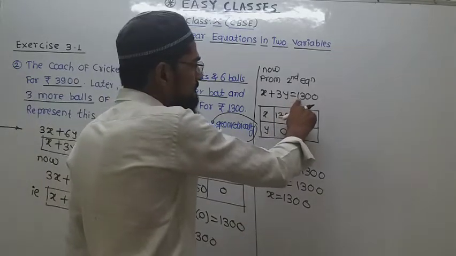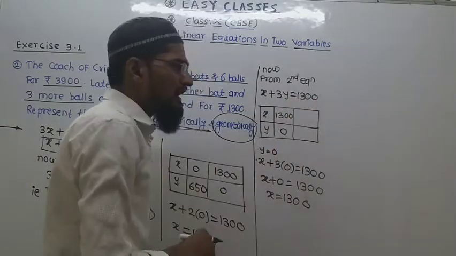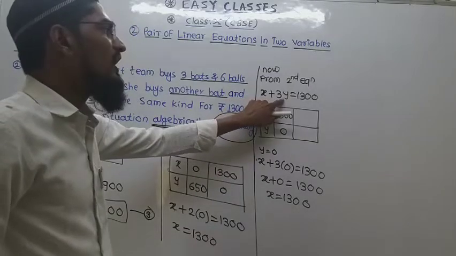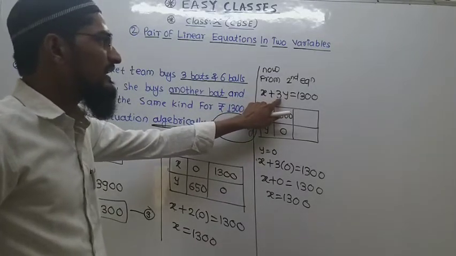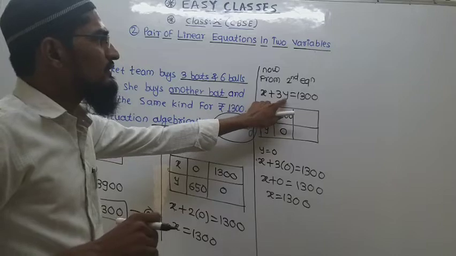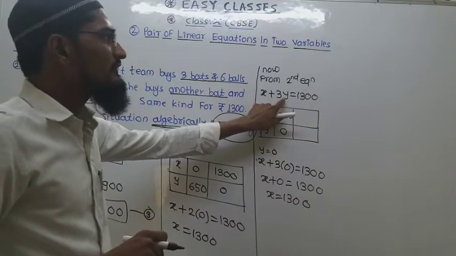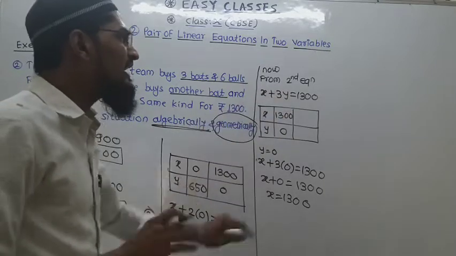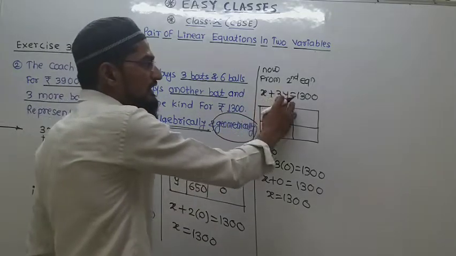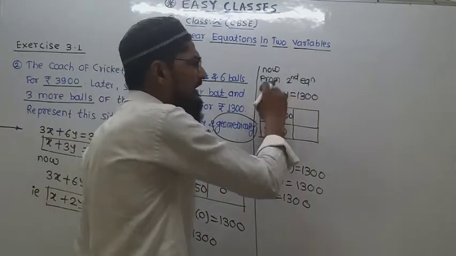Now which number should I take here for x or for y? If I take 1, 2, 3, any number, then we will get the value of x.